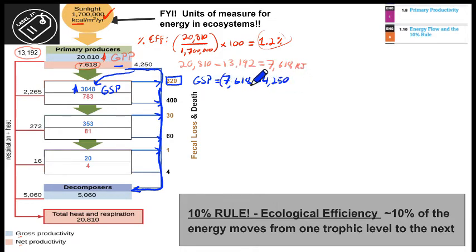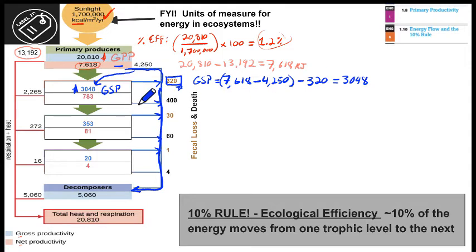All right, so that's the loss. And then remember, it's GSP, so we have to do the fecal loss too, which is right here, which is 320. So remember, GSP is what they take in, so the energy they take in minus fecal loss, and that should give us the 3,048.